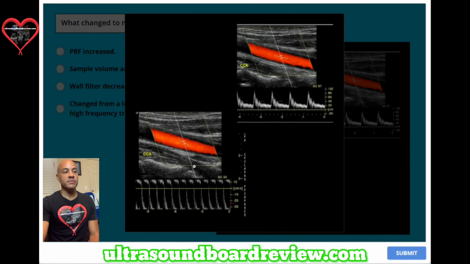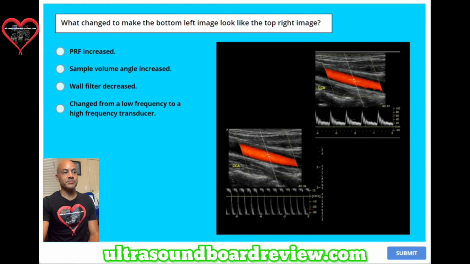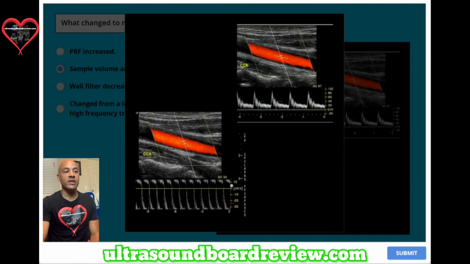So what changed to make this image look like this image? The answer is B, the sample volume angle increased. You can see in this image here that the angle is 34, and in this image is 57, so the angle increased.